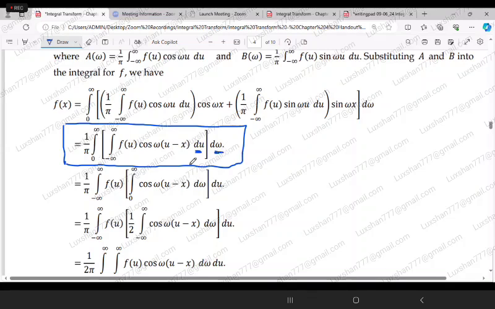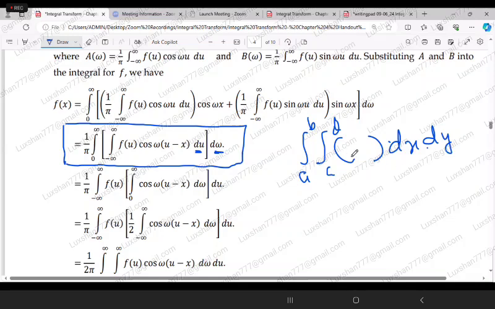Now what I am doing is changing the order of integration. I am writing this one first. Say, for example, if you have two integrations, one from a to b and another from c to d, of a function into dx into dy.